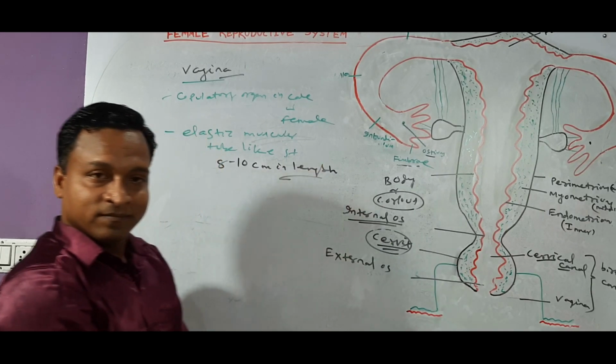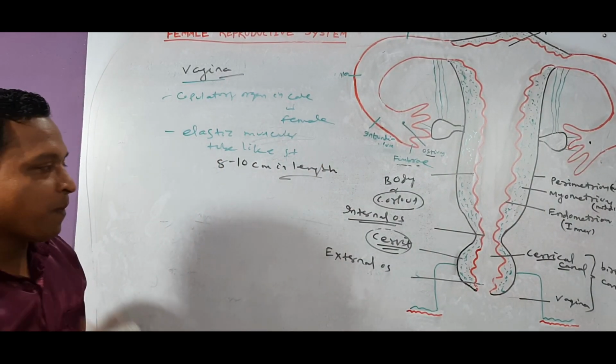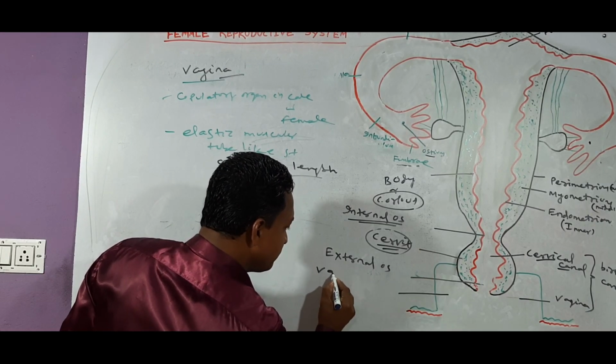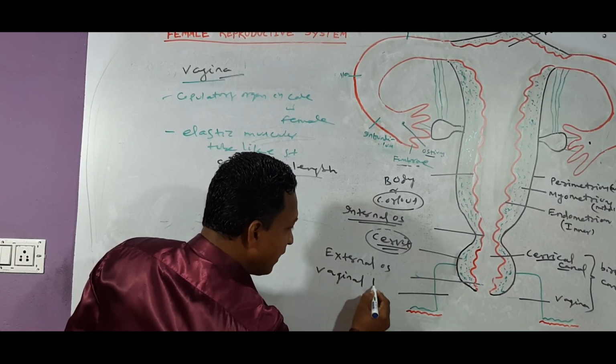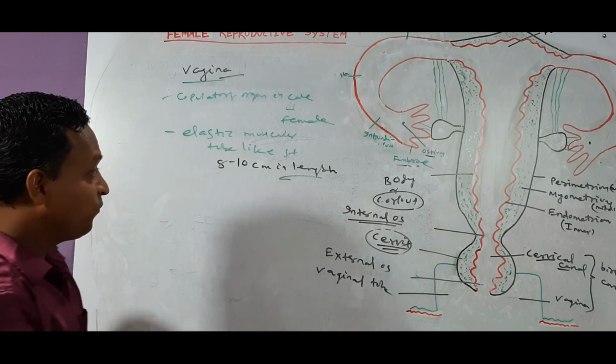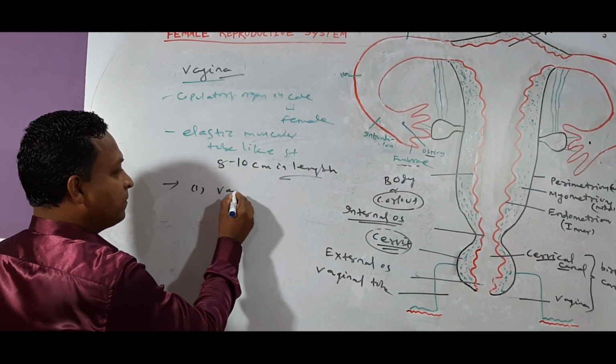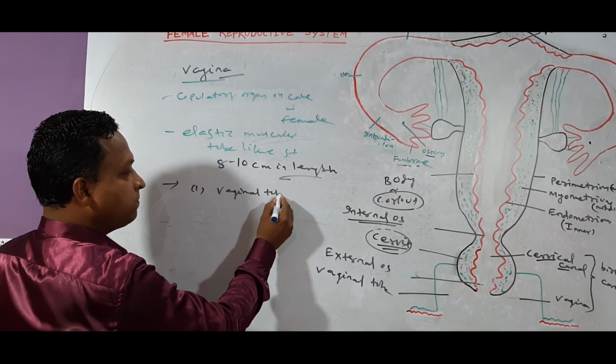Clear? It is basically divided into two parts. The first part we can call the vaginal tube.